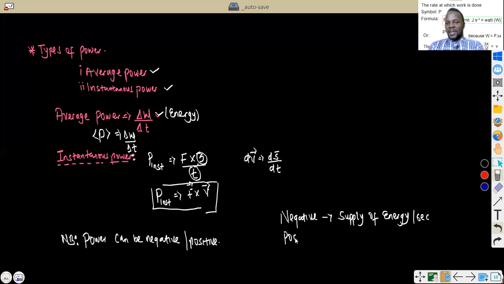Positive power means what, guys? Gain. Very good. Gain of energy per second. It also depends on the way the examiner puts it in numericals. It is not necessary for it to be in seconds. It can be in minutes, it can be in hours, it can be in any form. So the gain of energy and the supply of energy bring about positive power and negative power. So this is all about power, my dear students.